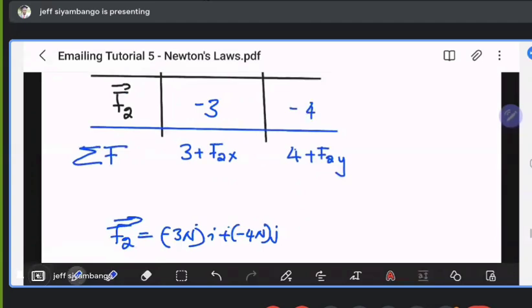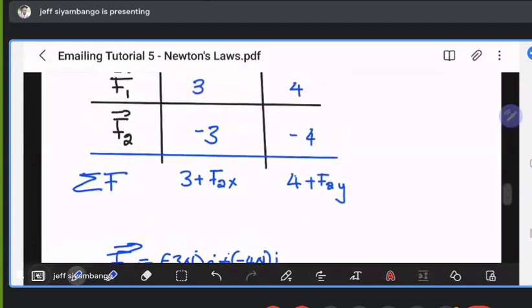Notice that when I put minus 3 here, now I have 3 minus 3, and you should see that this whole lot here will just be 0. So 3 minus 3, the net force will be 0. And then here as well, 4 minus 4, the net force here will also be 0.